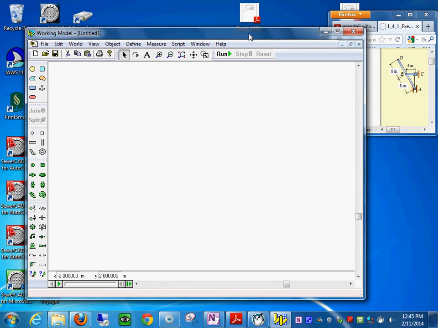You can build this many ways, but what logically makes sense to me is to draw one link here. We would represent this one.